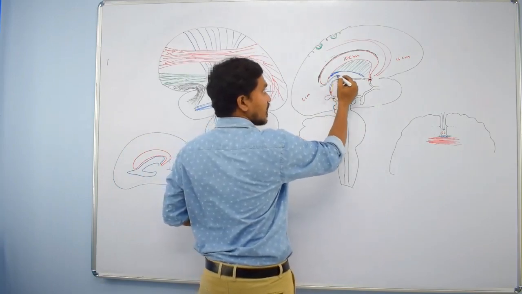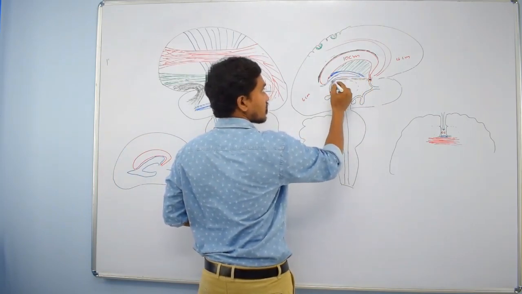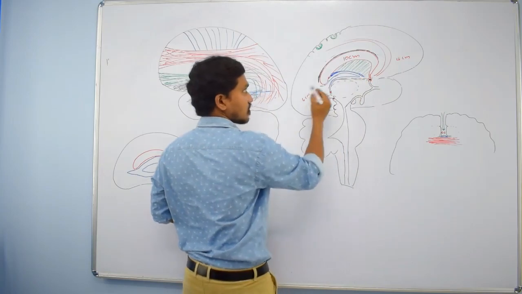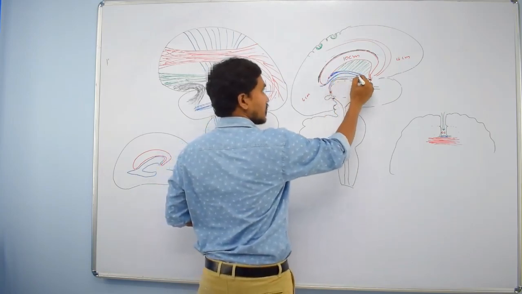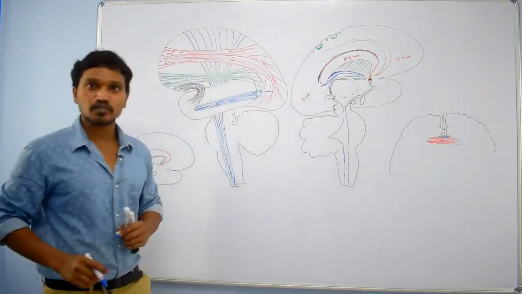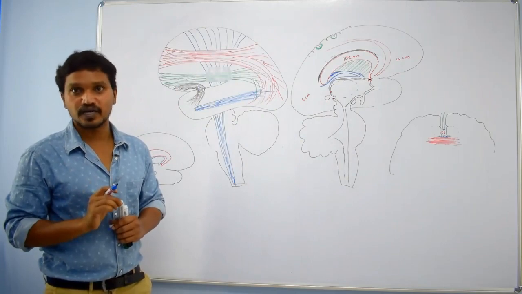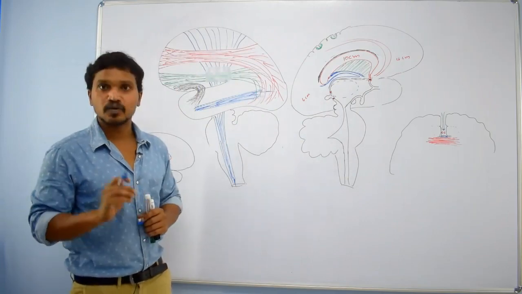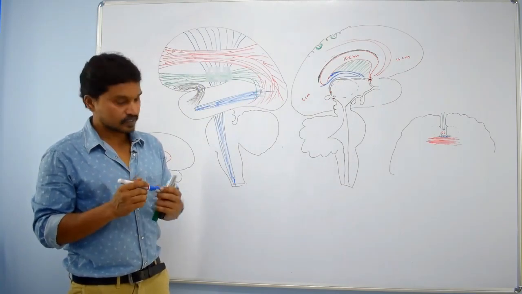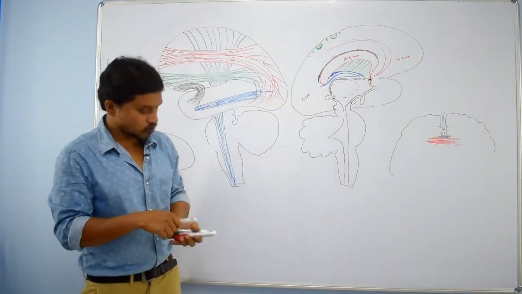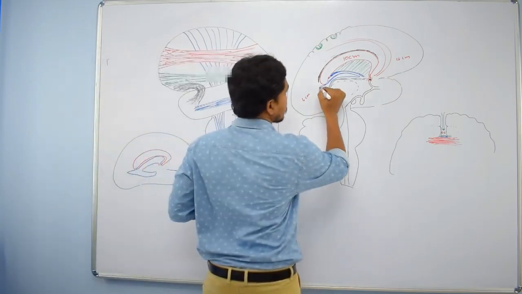Fornix and ependymal lining of third ventricle. This bilaminar fold of pia mater, we call tela choroidea, which contains posterior choroidal vessels, and in the posterior most part you can observe one vein within this fissure.